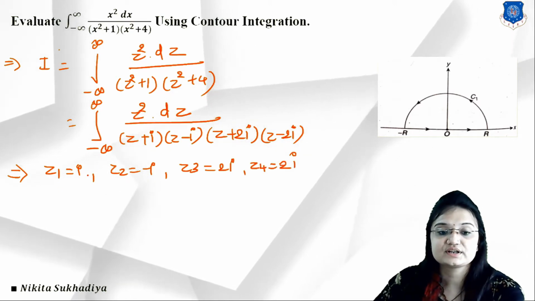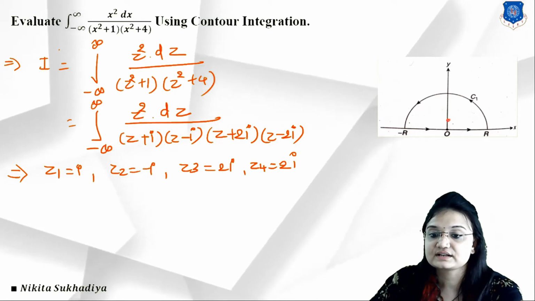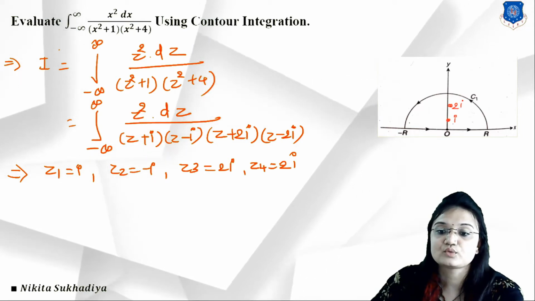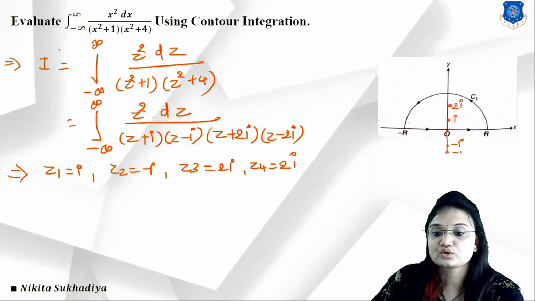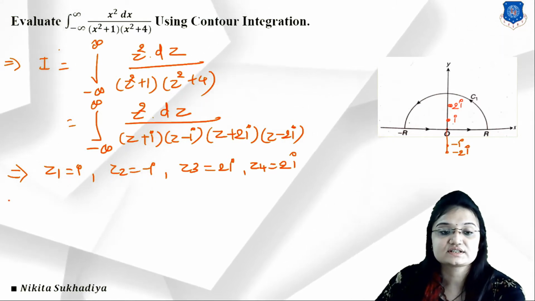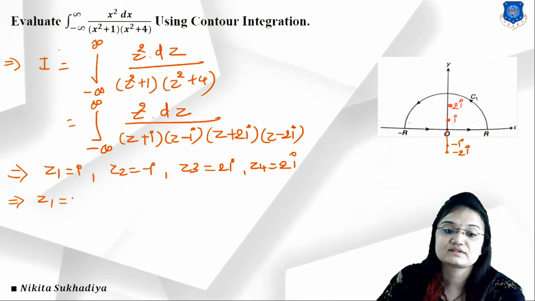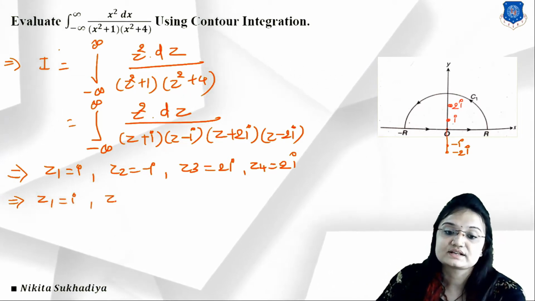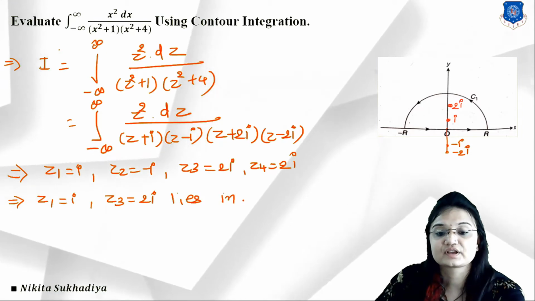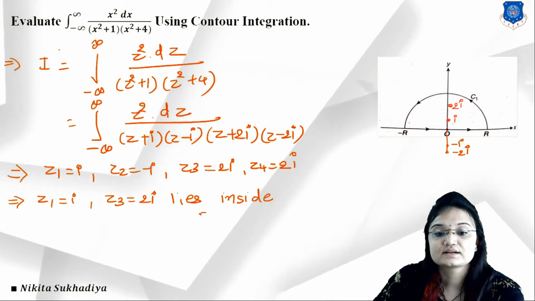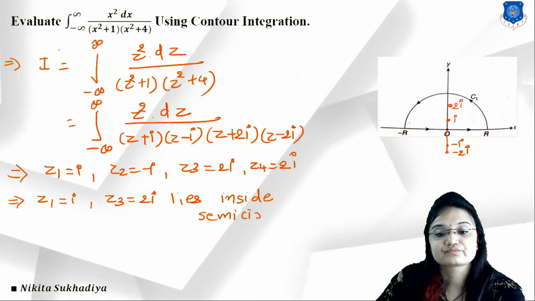Okay, so here z1 is equal to i, that is, here i and 2i both are here, and minus i and minus 2i, both are here. Okay, so we can say that z1 equal to i and z3 equal to 2i lie inside the semicircle.